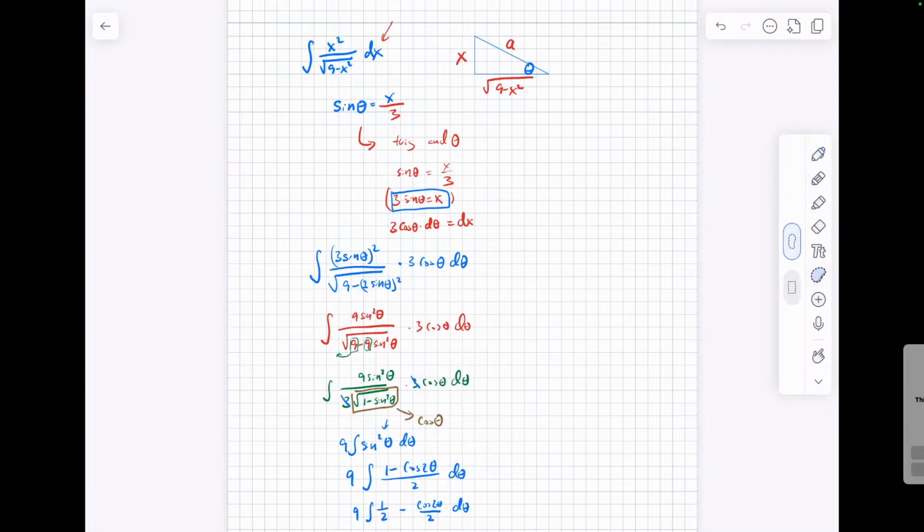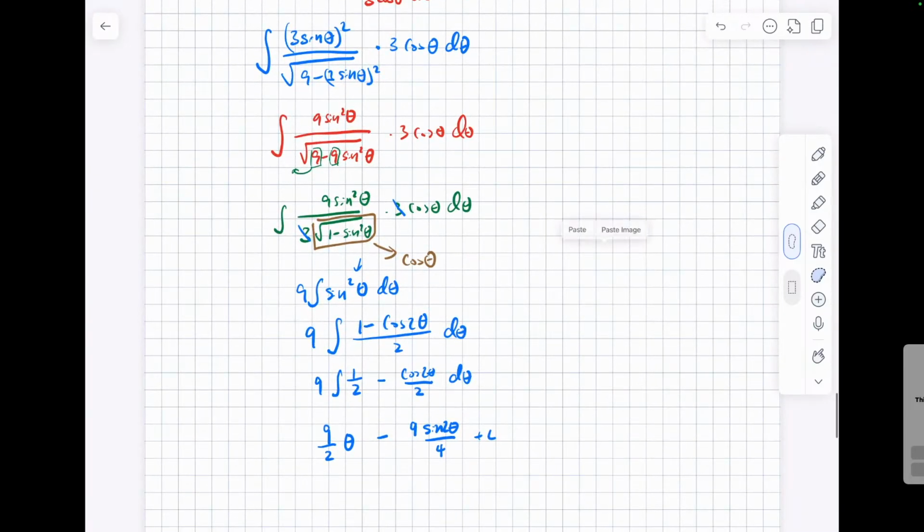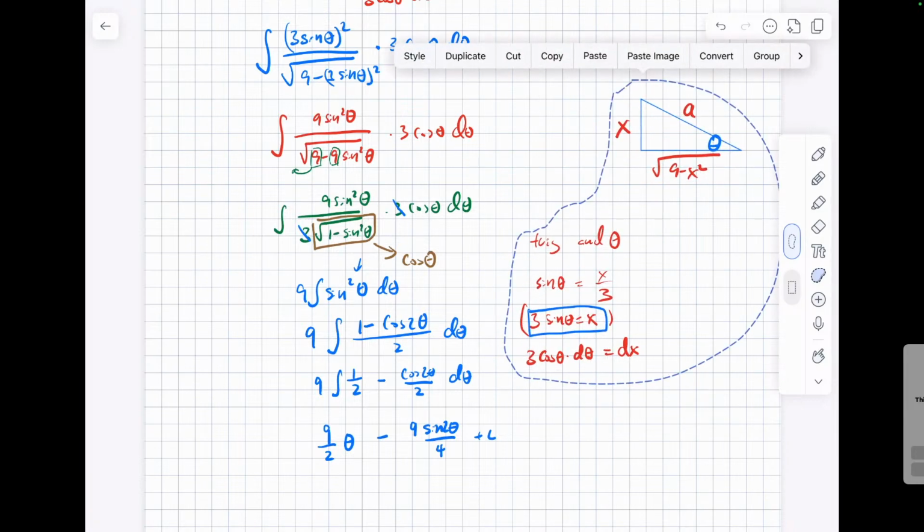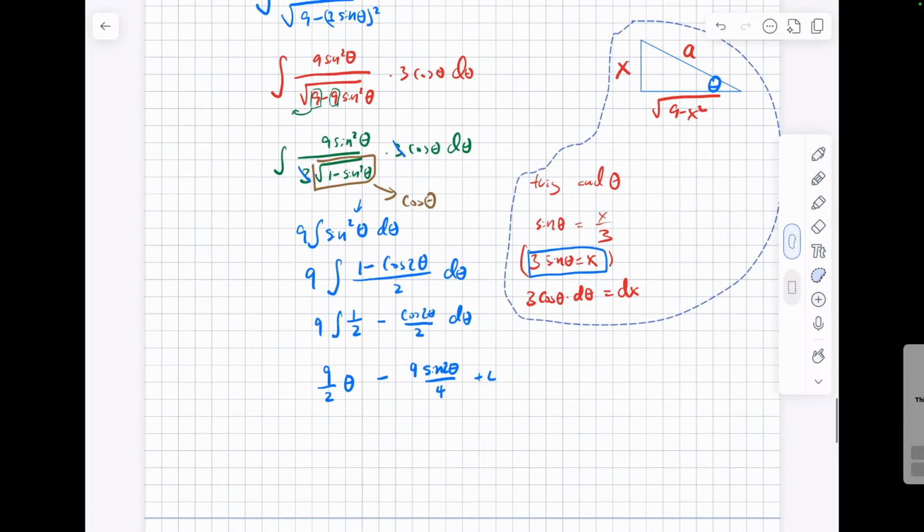So let's go back and look at this part here. I'm gonna copy and paste here. I'm gonna show you again here, so that way you have some type of reference. Okay, so then you say, okay, what is theta? Theta is gonna be inverse trig.